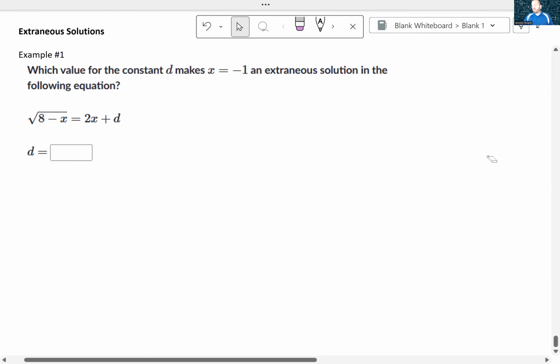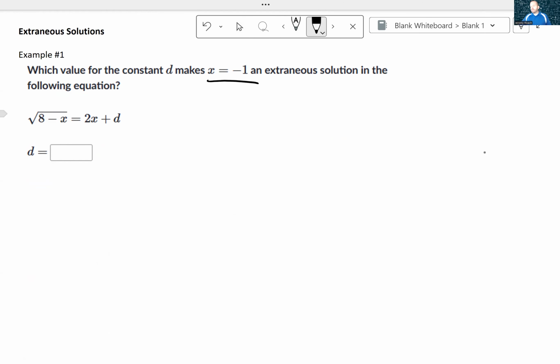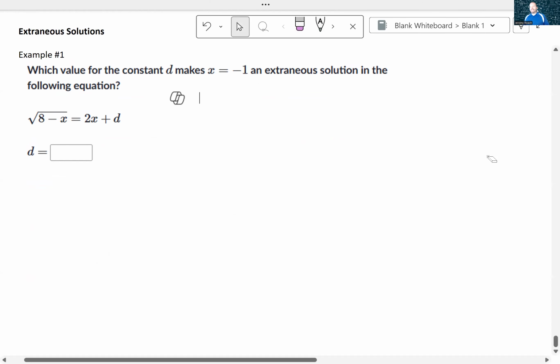So it's telling us some information. It says x is -1, and it's asking what D has to be so that it gives us an extraneous solution. Let's plug in x equals -1 first, and figure out what D would be if it did not give us an extraneous solution. So we plug in -1 for x.